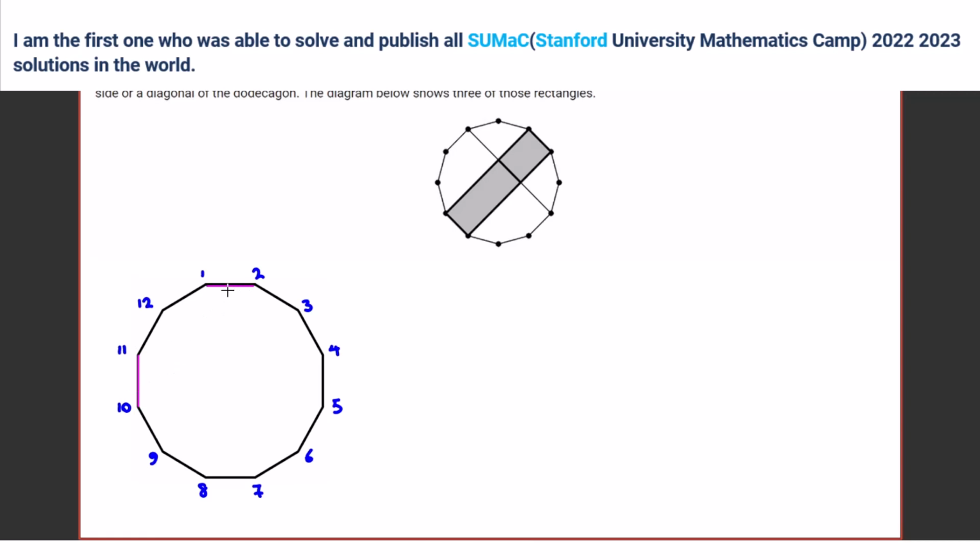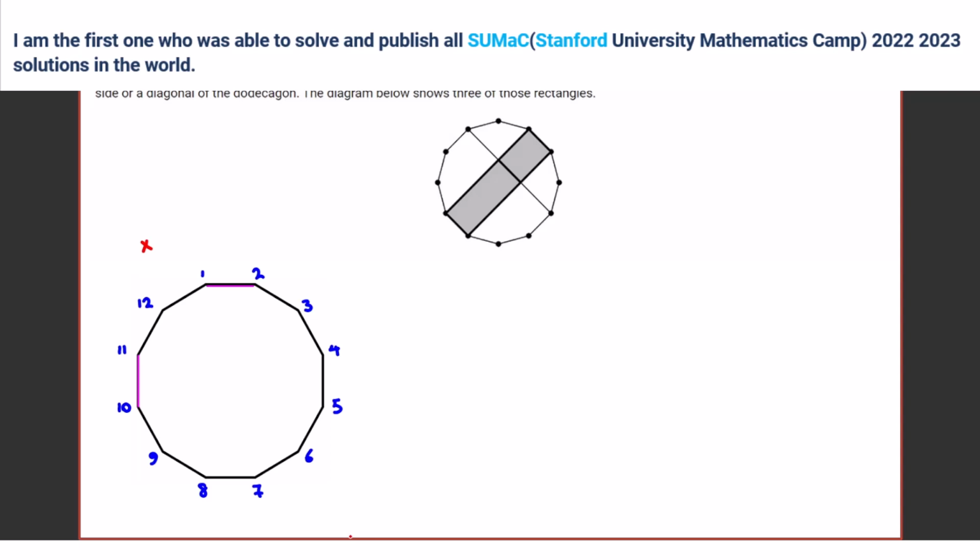If I calculate how many rectangles these two slopes can create, then I should multiply this by what? Not 4, pay attention. Not 8.